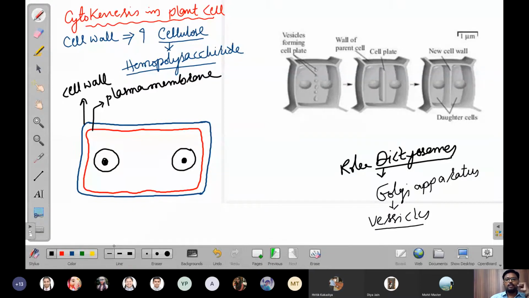Now, this will take place with the help of these structures, the vesicles. Golgi apparatus have so many vesicles. Now, the Golgi apparatus or dictyosome secretes some vesicles in the center of the cell.